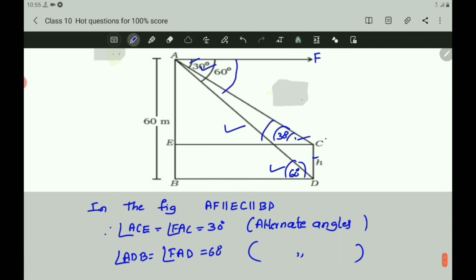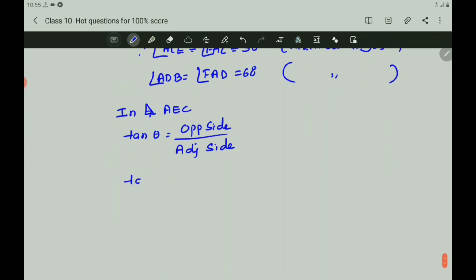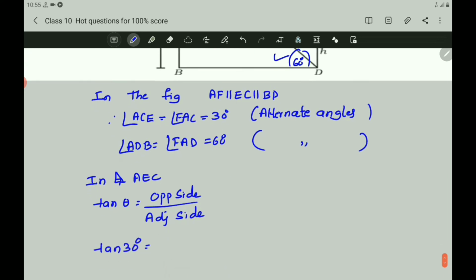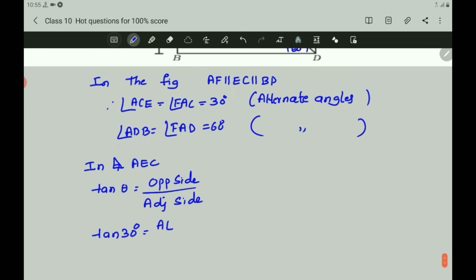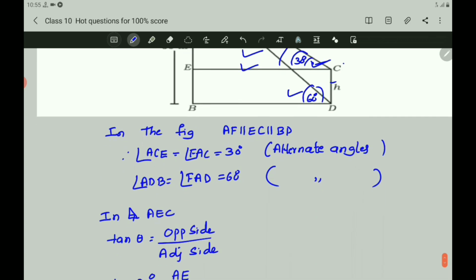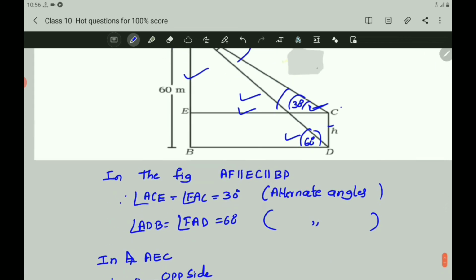That is tan 30 degree it is. Tan 30 degree is equals to opposite side is AE by adjacent side is EC. That is tan 30 degree value must know, that is 1 by root 3.